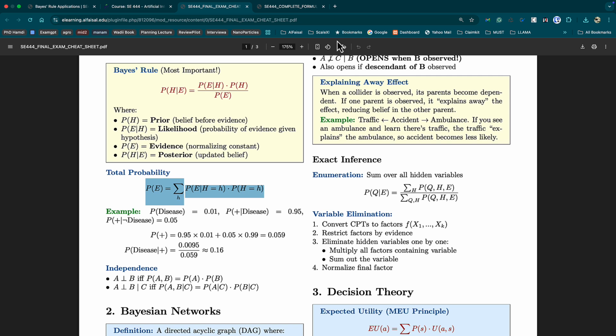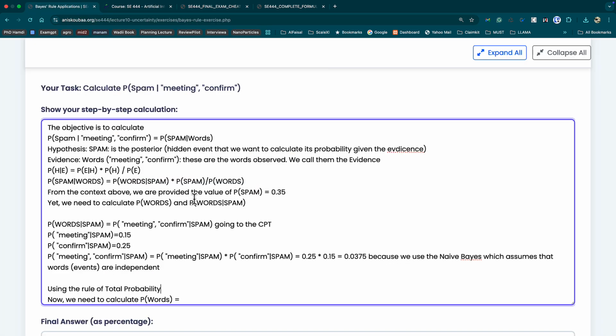We need to know the rule and how to use it to solve the problem. This makes it the probability of words given spam multiplied by the probability of spam. If you remember MDP, we used this to make the calculations in MDP. And plus the probability of words given ham, and here the same thing.